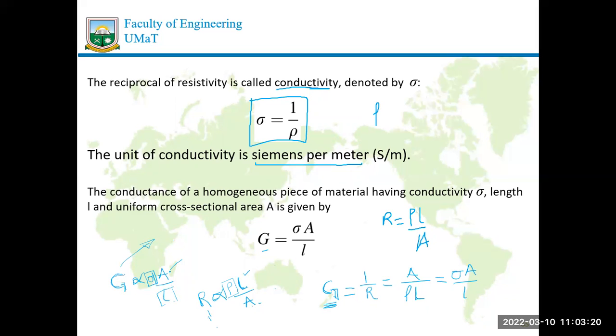So it will conduct more as I increase the area, which tells us that resistance will definitely be reducing.